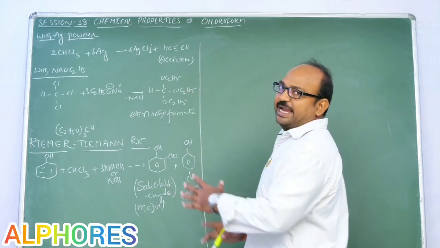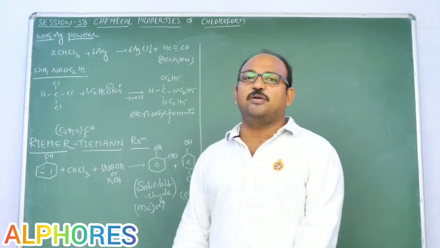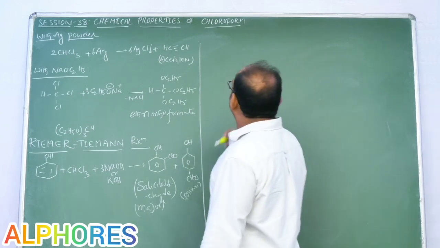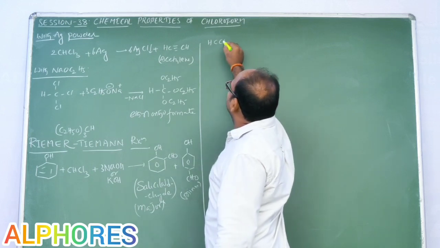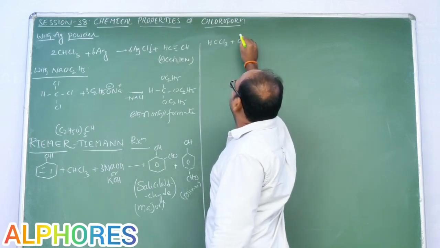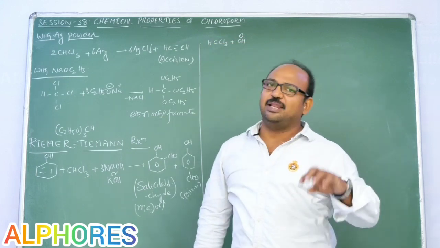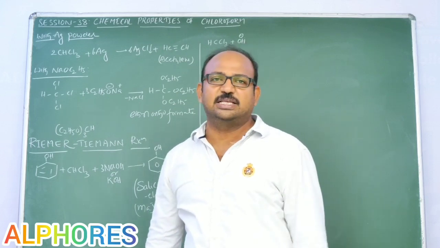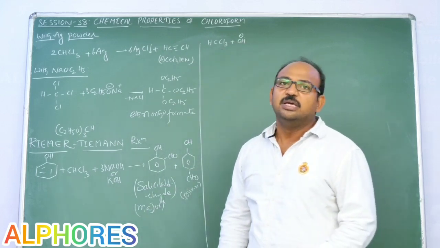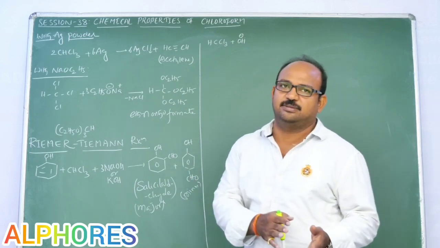Now, how does this reaction mechanism proceed, what intermediates are involved in this reaction, let us see. As in the case of chlorobutanol, we discussed that CHCl3 upon reaction with the base, the base abstracts a proton. The base can abstract a proton because the carbanion formed is more stable. As we learned in the previous session, CCl3 minus is stabilized, right?